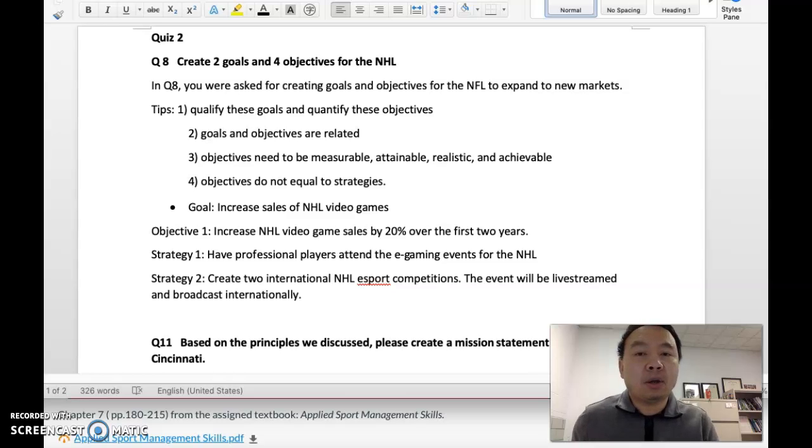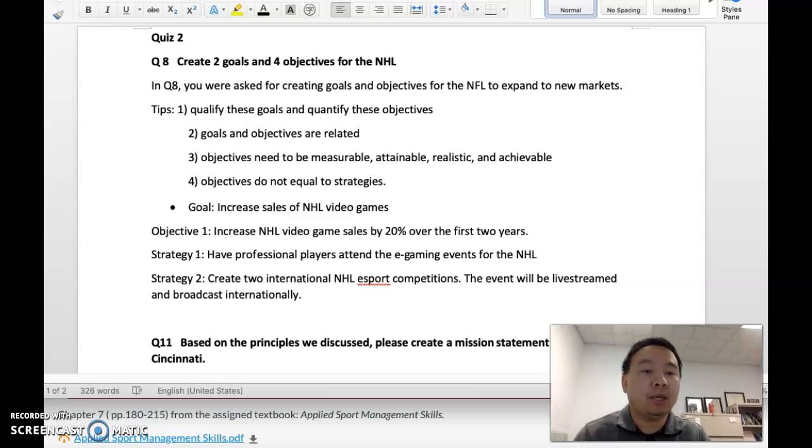The second thing is that the goal and objective need to be completely related. When you create a goal, your objective needs to provide a more in-depth explanation of your goal. The third thing is that the objective needs to be measurable, attainable, realistic, and achievable.